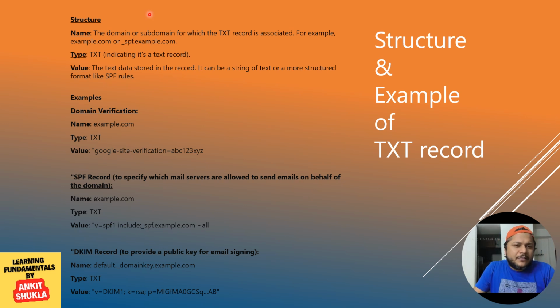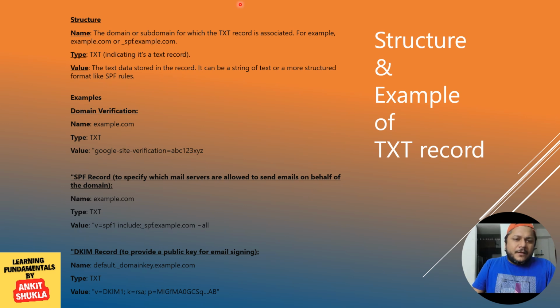So for example, if you have an SPF record for email verification, the name will display the domain name, let's say example.com, and then the TXT value in the third section will display something like spf.example.com. Then it has the type, which, of course, is TXT since it's a TXT record, and then it has the value.